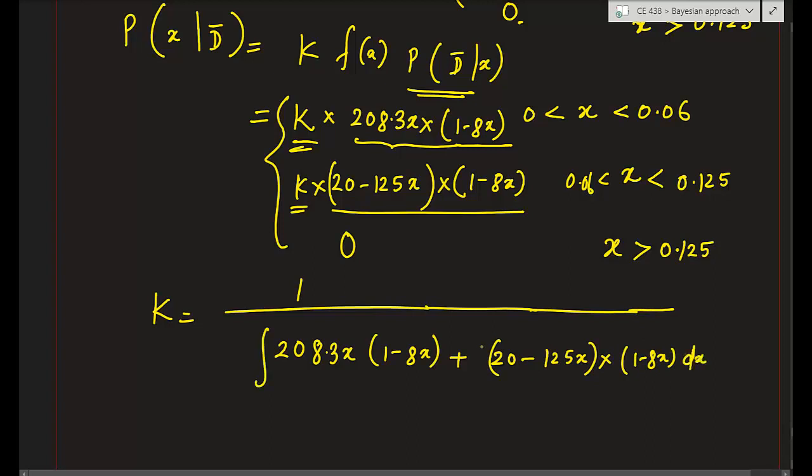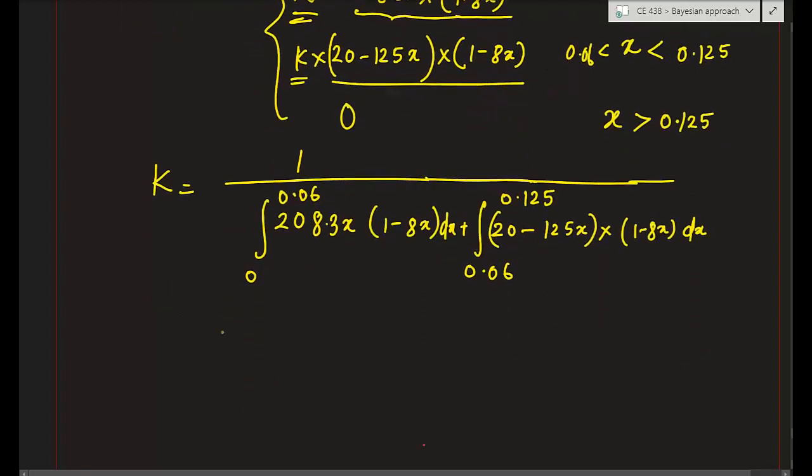We will have different limits, so let's put different limits in this case. This will go from 0 to 0.06, and this will go from 0.06 to 0.125. I have performed this integration, and this term comes to 0.4204.